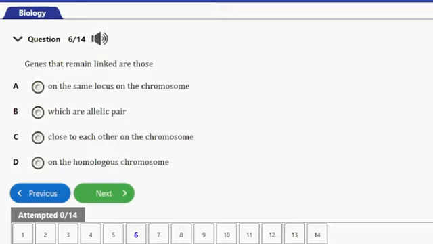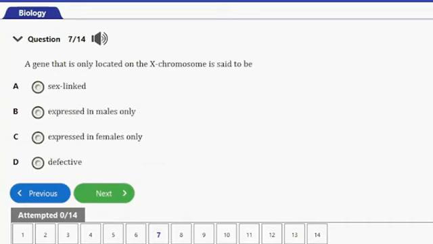Genes that remain linked are those that are close to each other on the chromosome, because during crossing over, the closer two genes are on a chromosome, the less likely they are to be separated. This is known as genetic linkage. Let's consider the next question.